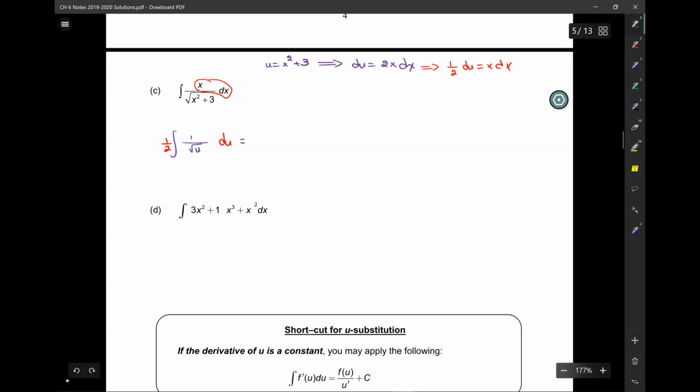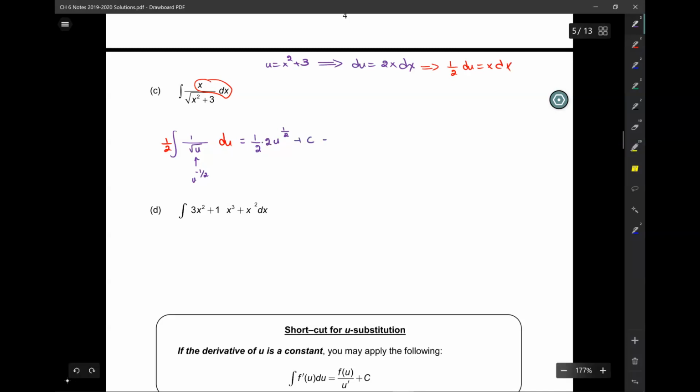Okay. How am I going to integrate this? This is u to the what? Negative 1/2. So I'm going to have half times u to the power of positive 1/2 times 2 plus c.